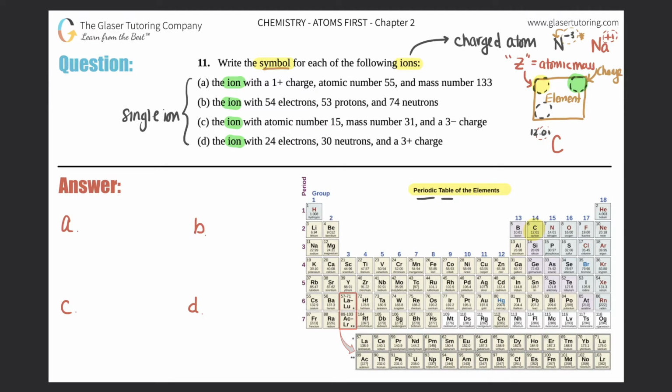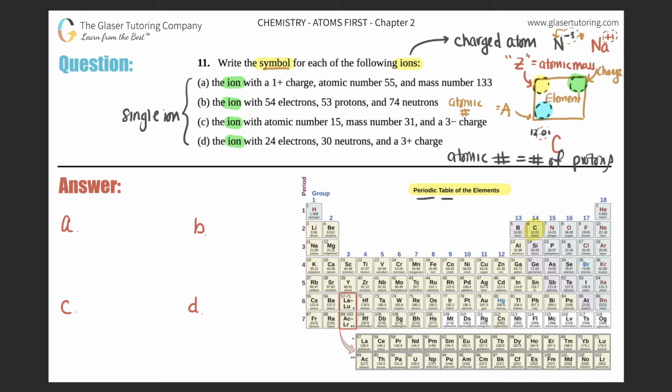And last but not least, the bottom left is the A number. So Z is up on top and on the bottom, A is your atomic number. And the atomic number, we should know, is always the number of protons. And that never changes for a specific atom. So the atomic number is always equal to the number of protons, and that will always go on the bottom left-hand corner.